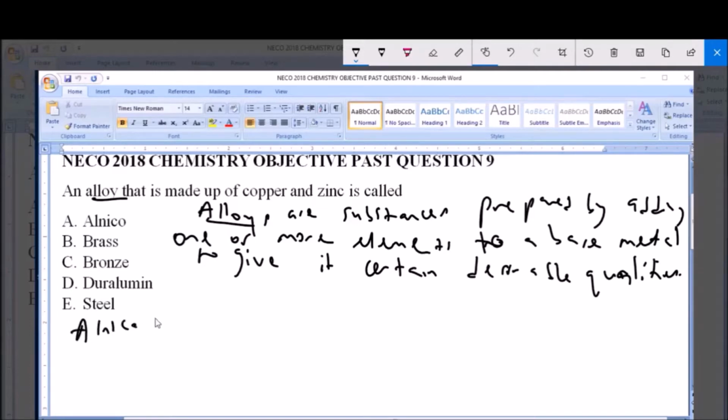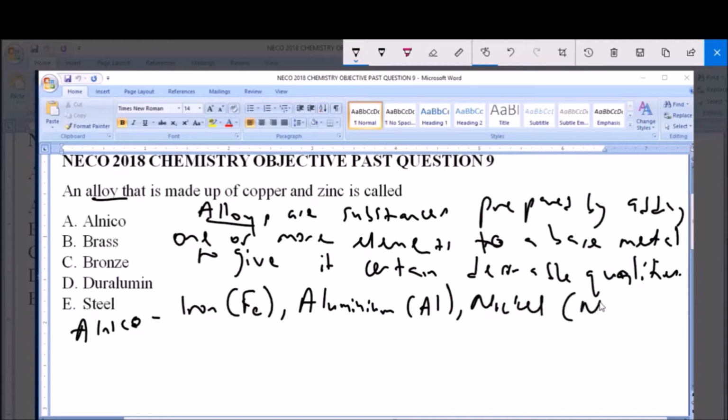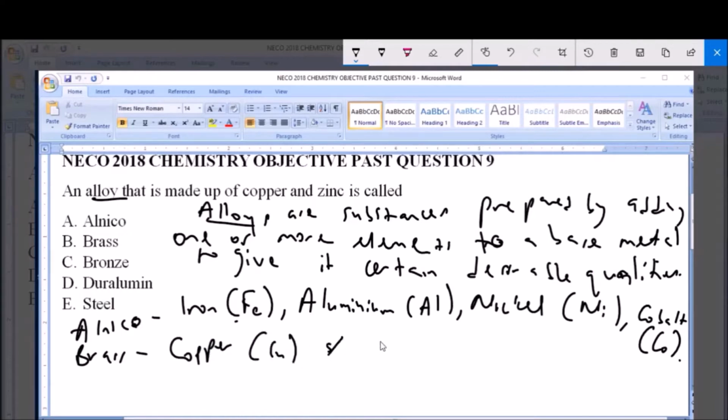Now, alnico is made up of iron, aluminium, nickel, and cobalt. So these are the constituents of alnico. Now, brass is made up of copper and zinc. Bronze is made up of copper and tin.